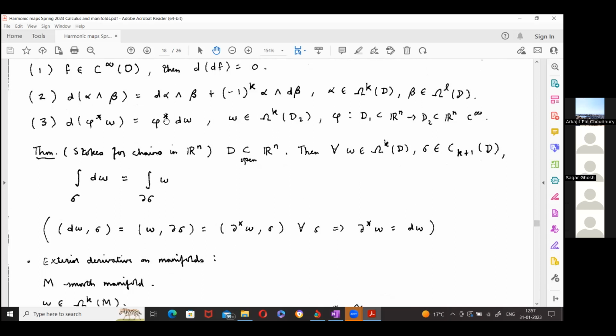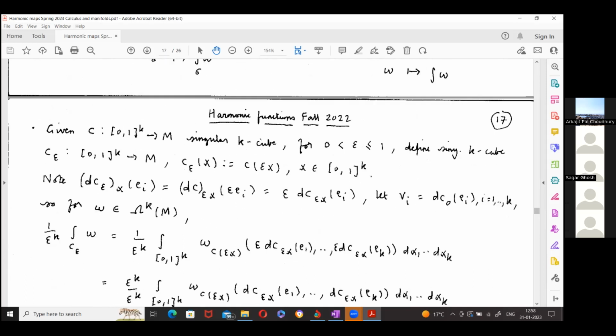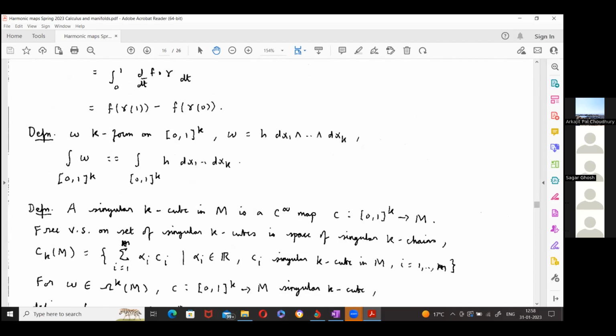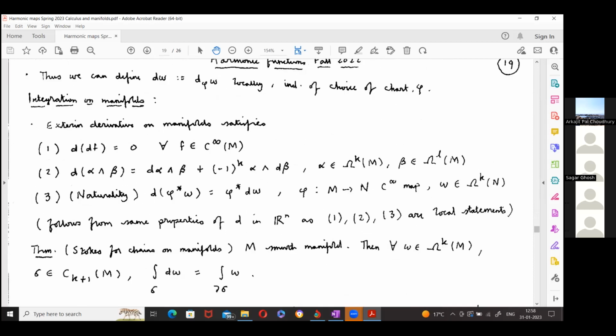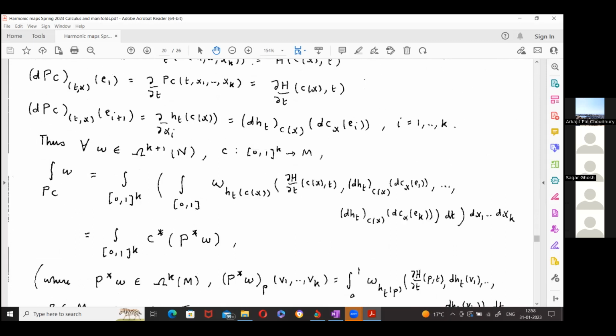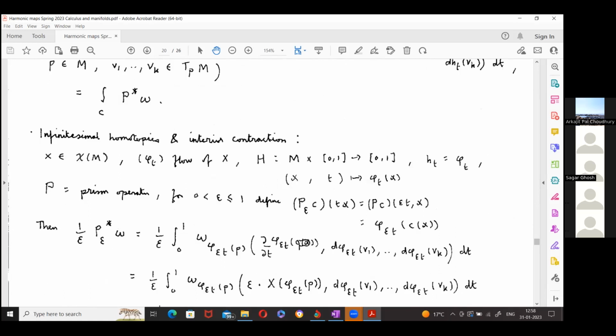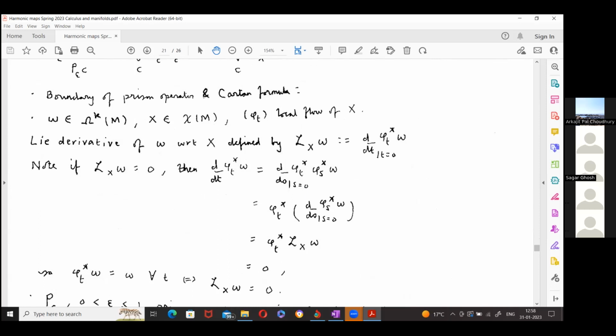Yeah, these properties of the exterior derivative, you try and prove them as exercises. Yeah, I think that you can do those as exercises.